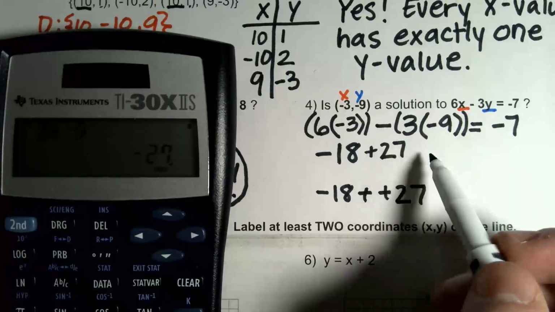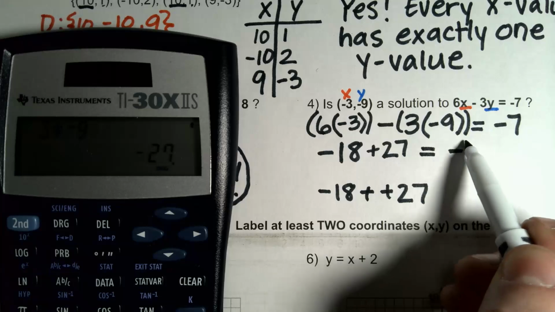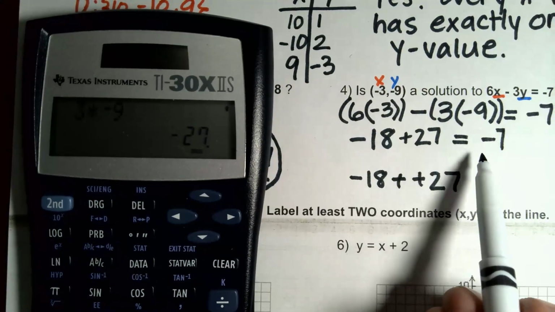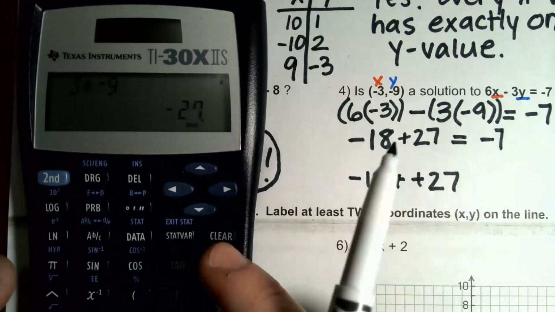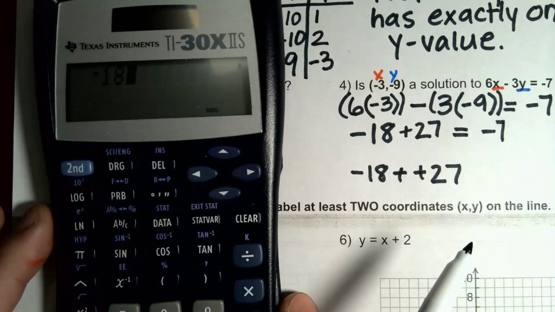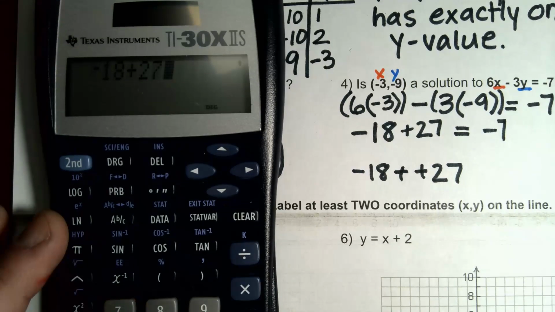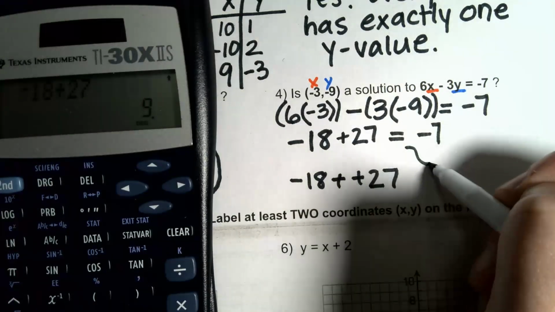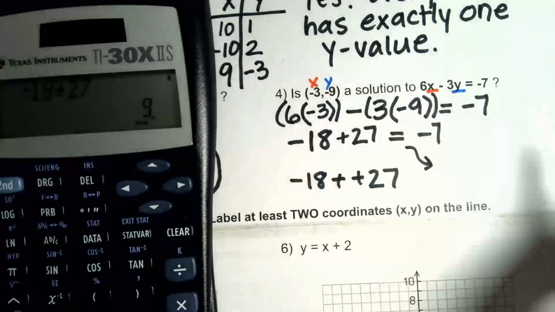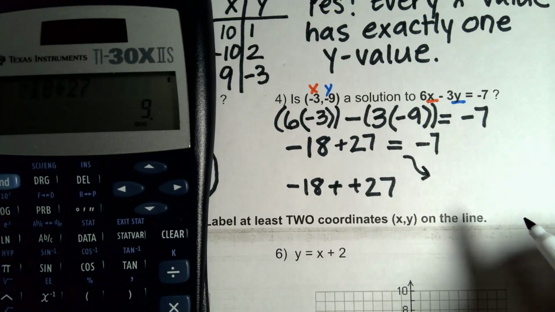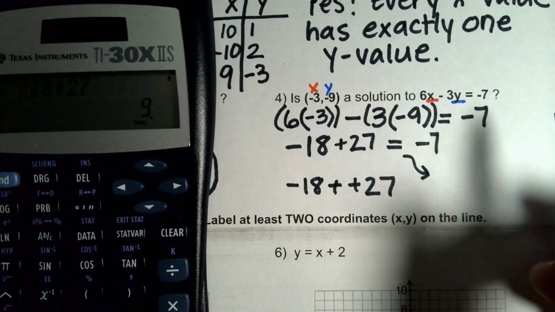All right. So we need to figure out, is negative 18 plus 27 equal to negative 7? Negative 18 plus 27 is 9. You don't have to write all this work out, although I would suggest it because there are a lot of negatives and signs and you want to keep track of what's going on.